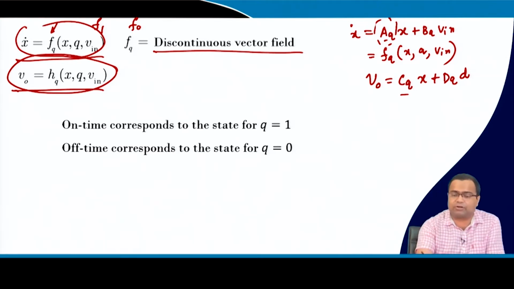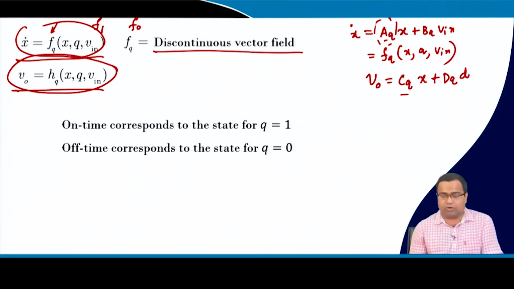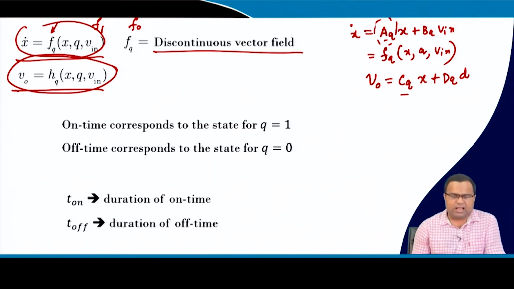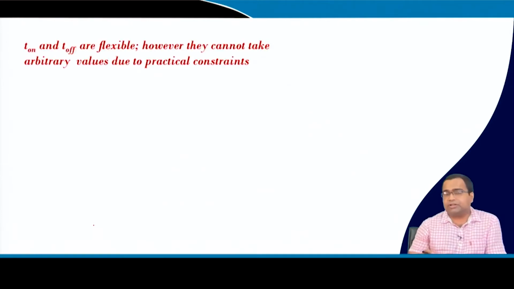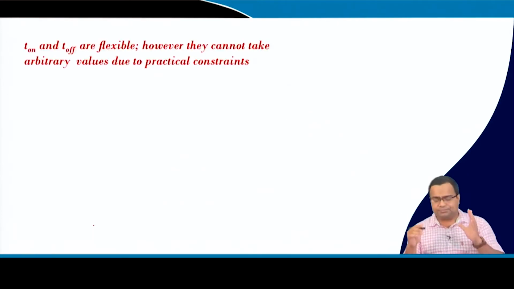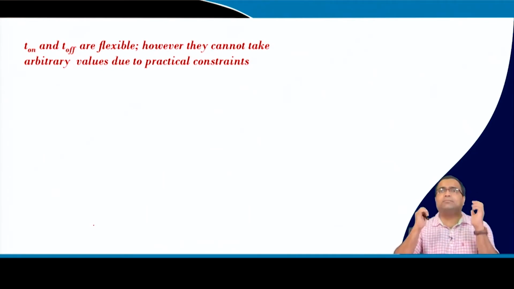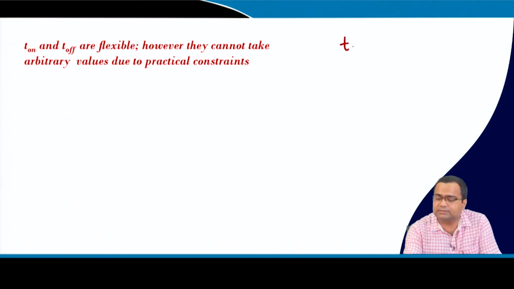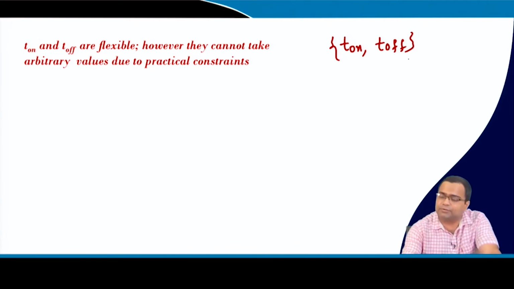Q equal to 1 is the on state and Q equal to 0 the off state, and the durations of on and off are T on and T off. T on and T off are flexible, because under steady state we need to achieve a set of T on and T off. The switching period T SW is the sum of T on plus T off.